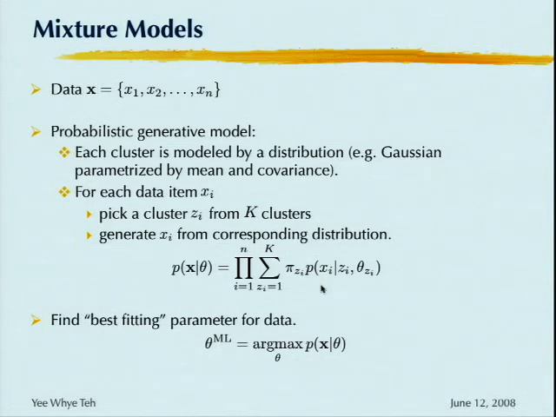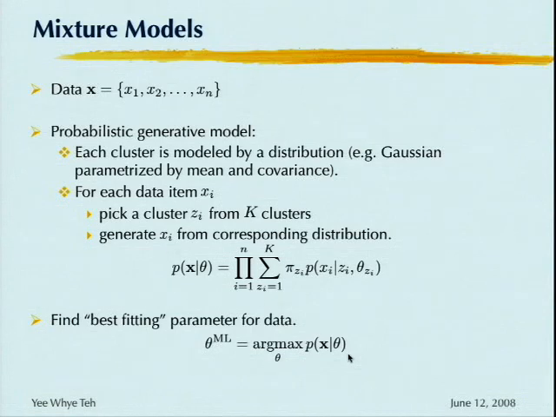The typical approach for mixture modeling is to find the parameters which maximize the probability of your data. This is called the maximum likelihood approach.